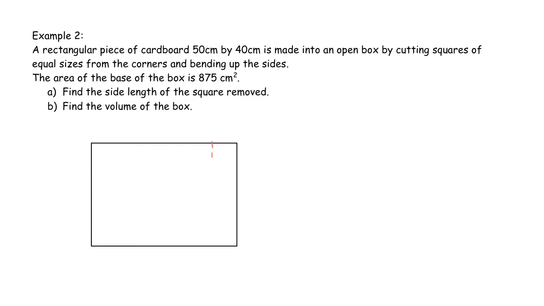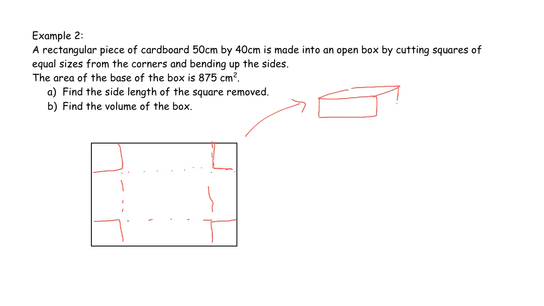Basically, when we cut out the corners, right? So if I take my scissors and cut out the corners of a piece of paper and then fold along these lines, right, we're going to be able to make a box, right? So it should be able to fold up something like this, okay?